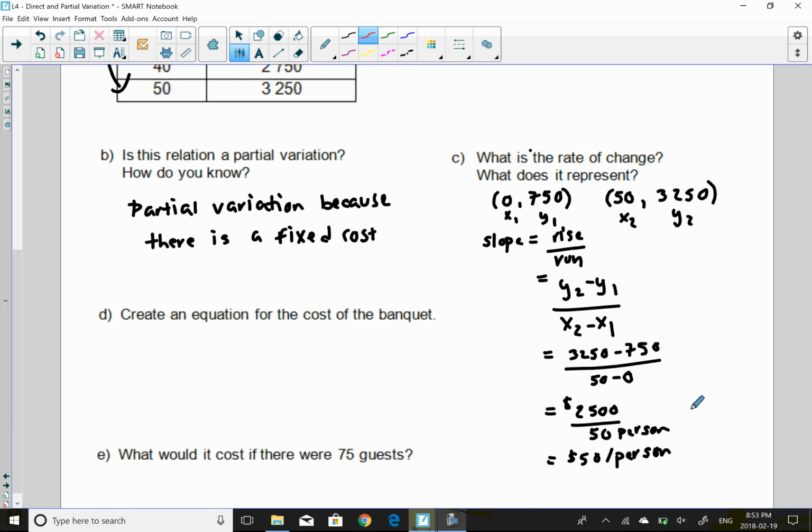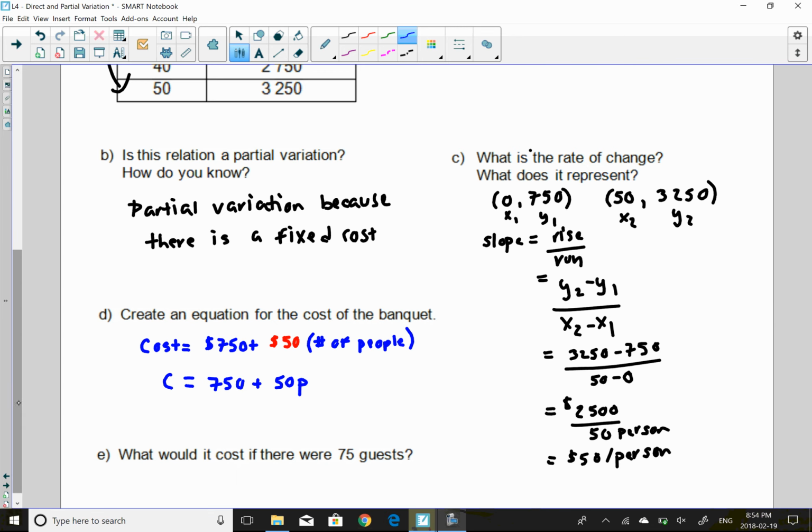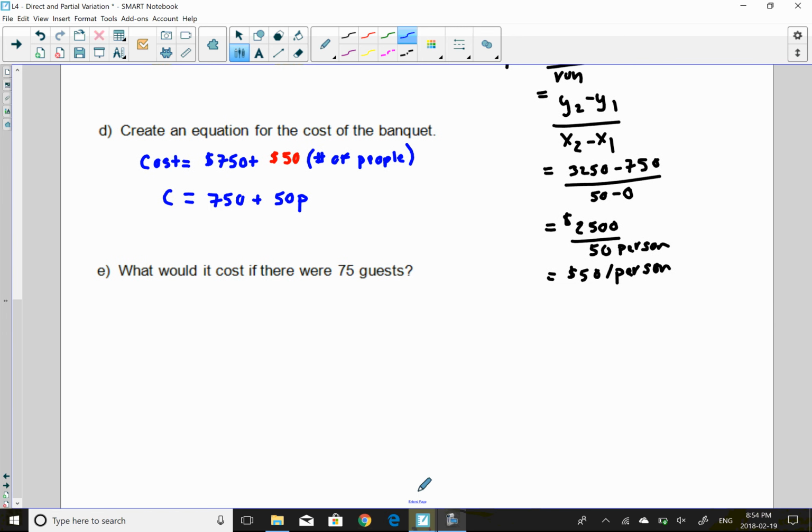Okay. So create an equation. So it costs us our fixed cost, which is 750 plus $50 times the number of people. So that's 750, say cost of C, plus $50 times, I'll use P. Okay, so when we create an equation, we can use that to calculate afterwards.